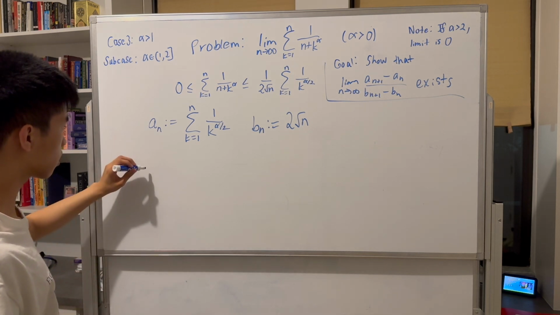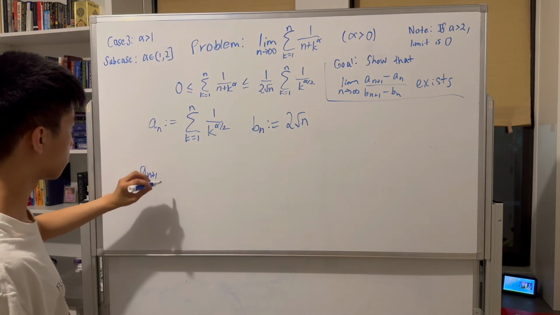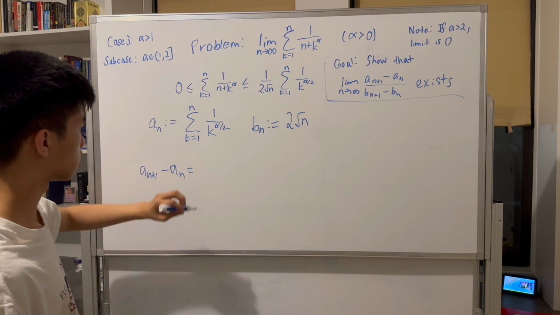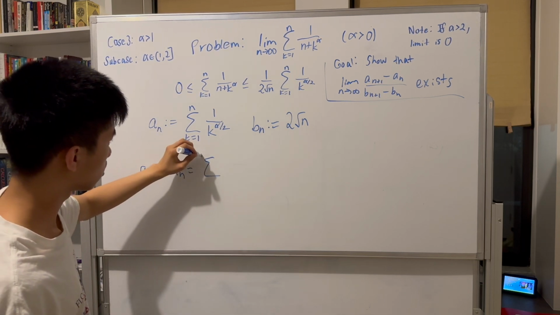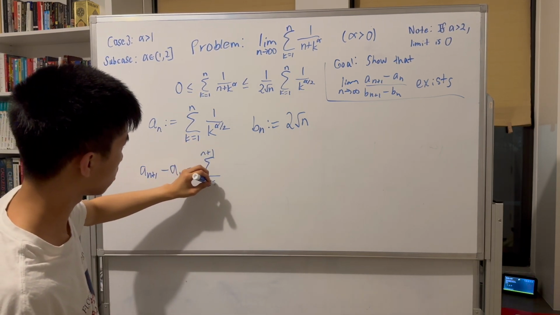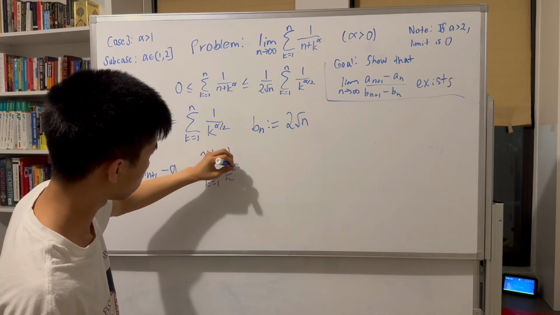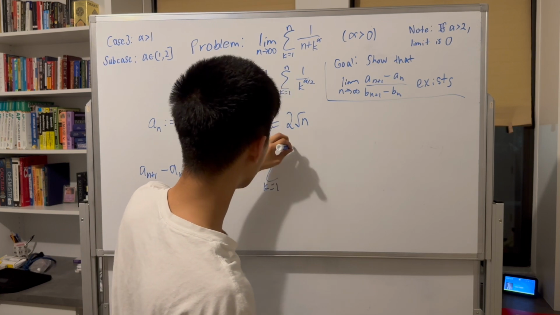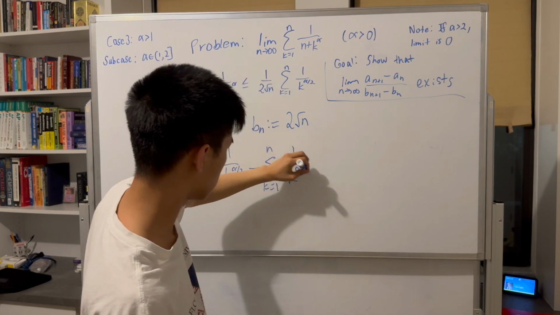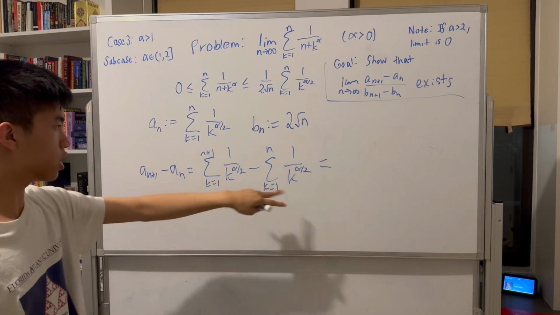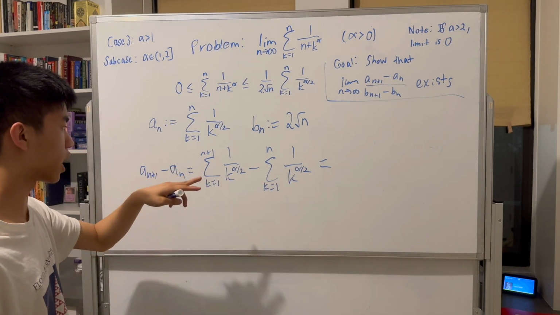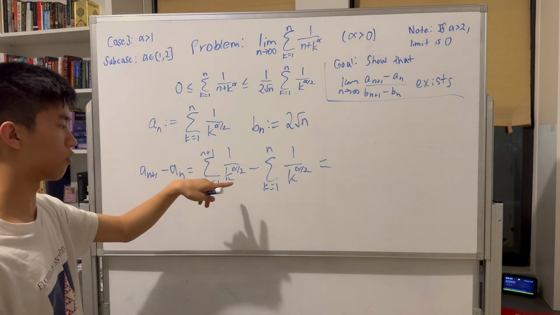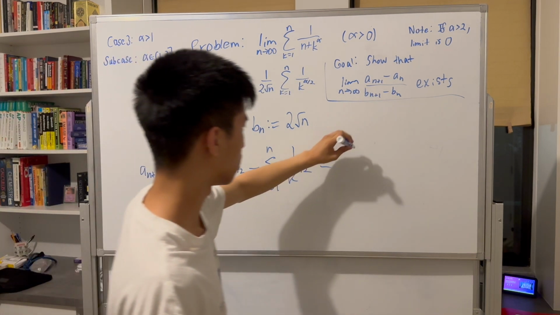So first of all, let's find a of n plus 1 minus a of n. I'm just going to write it out, but this difference should be pretty obvious. As you can see, these two sums, the only difference is the n plus 1th term of this sum over here.